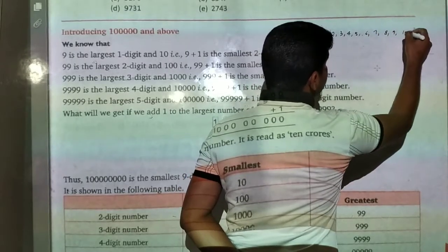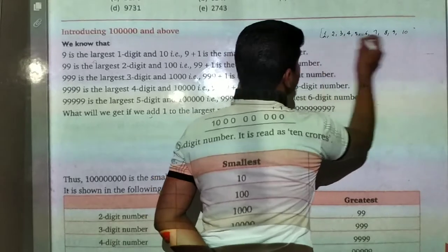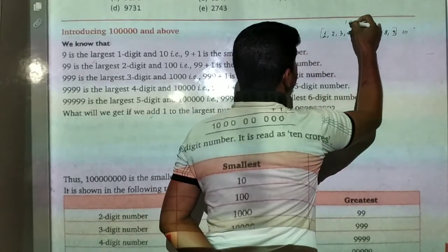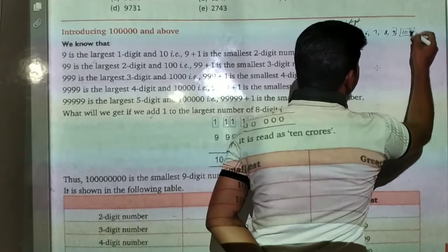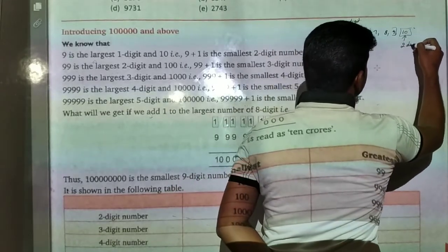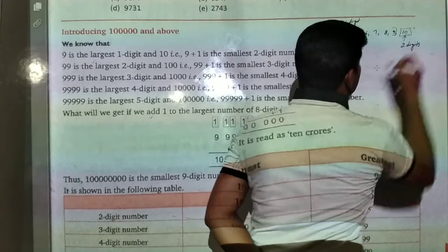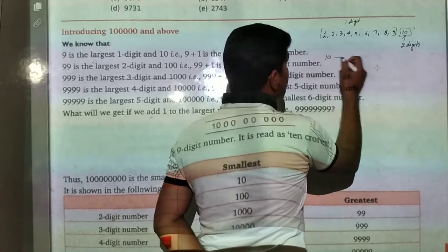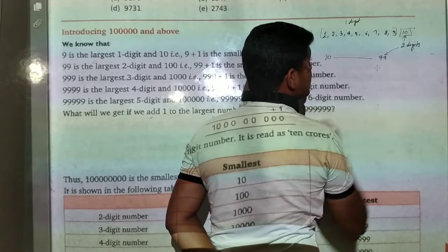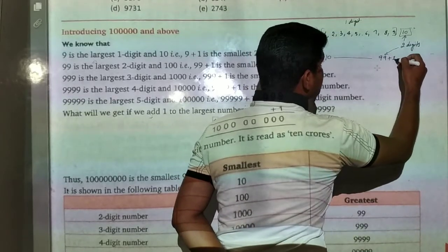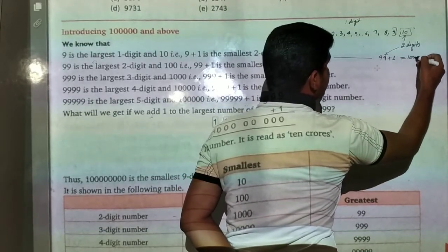After that we get 10. From 1 to 9 one digit is present, but in 10 two digits are present. From 10 to 99 two-digit numbers will be taken. When we add 1 to 99, we will get 100.